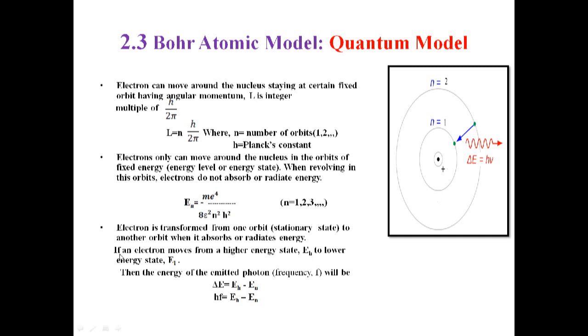For a simple case, if an electron moves from a higher energy state E_H to a lower energy state E_L, then the energy of the emitted photon will be delta E equal to E_H minus E_L. Delta E means the energy of the emitted photon, or the difference between the energy of these two states: the higher energy state and the lower energy state.